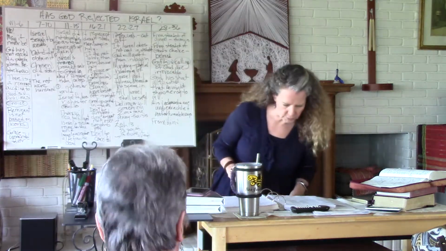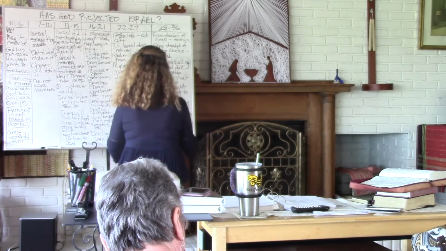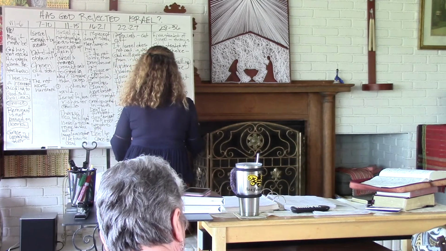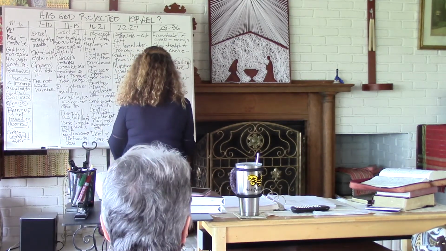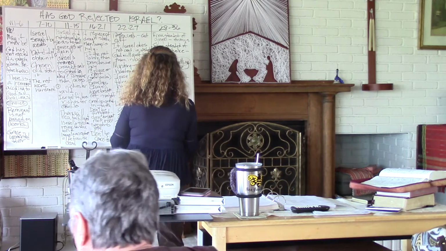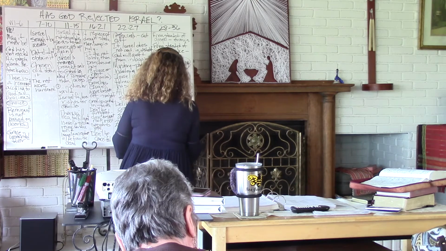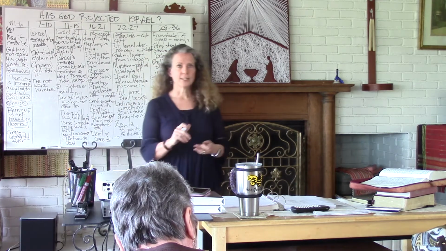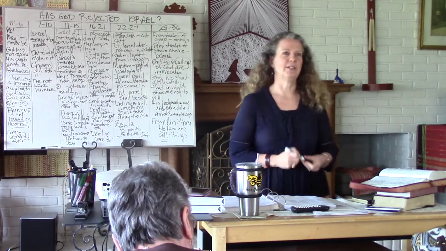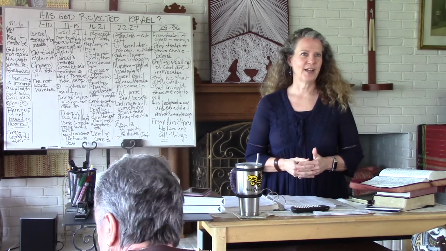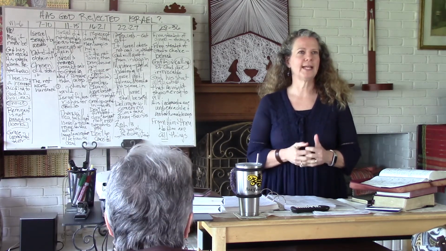What are the prepositions? From, through, and to. All things, that's really cool. It is. It's one of the simplest definitions of sovereignty, right? It all comes back to Him.